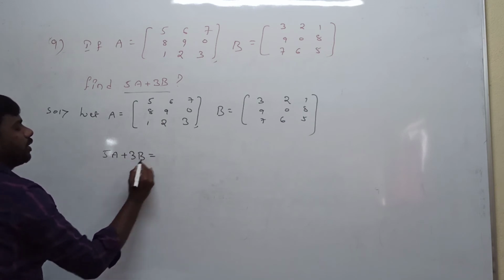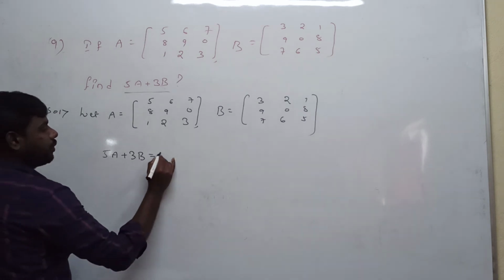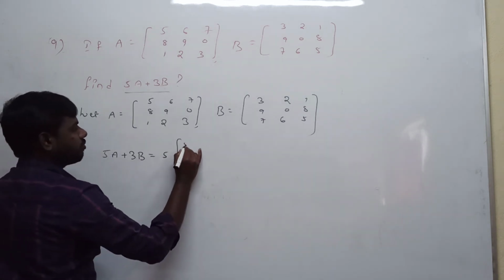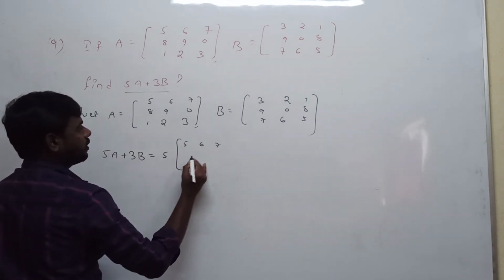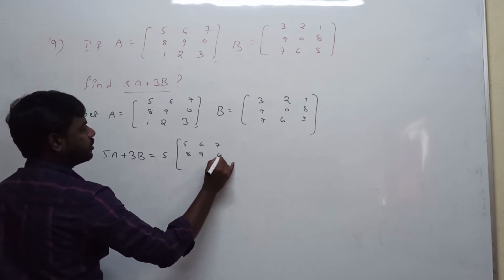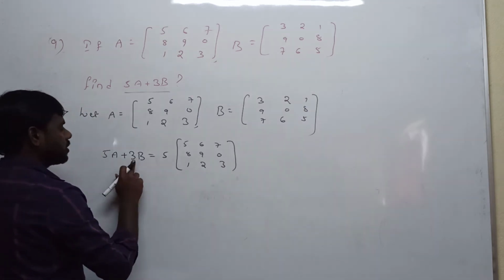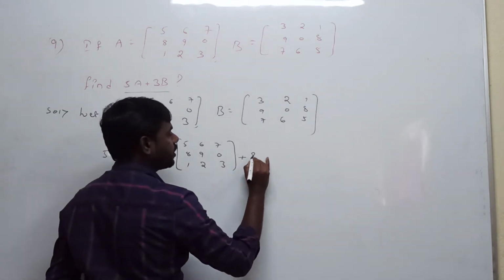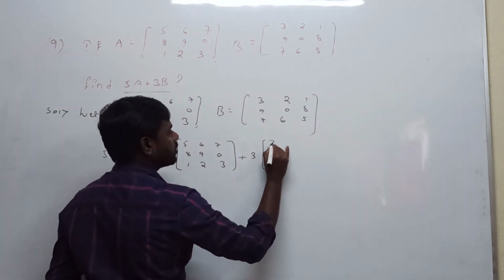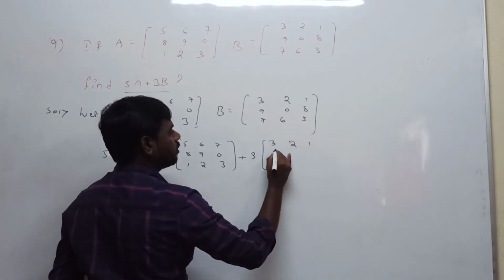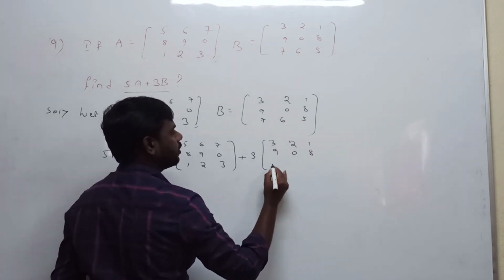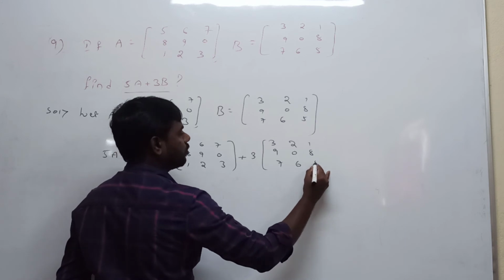So we are substituting directly. So 5 into the A matrix 5, 6, 7, 8, 9, 0, 1, 2, 3, plus 3 into the B matrix 3, 2, 1, 9, 0, 8, 7, 6, 5.